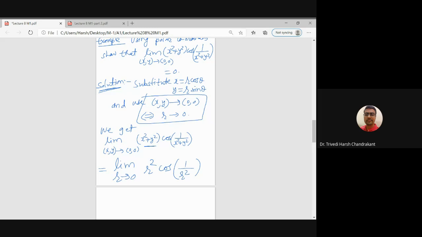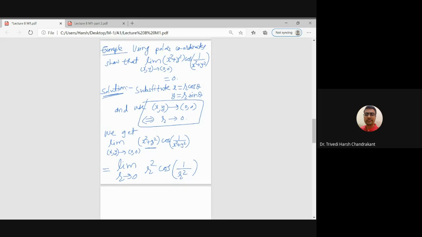Now we can see that the function has become a function of only one variable, r. So this is the limit of a function of one variable, with r approaching 0.